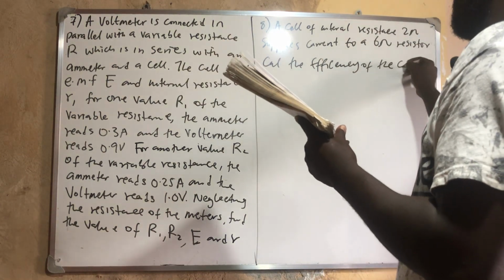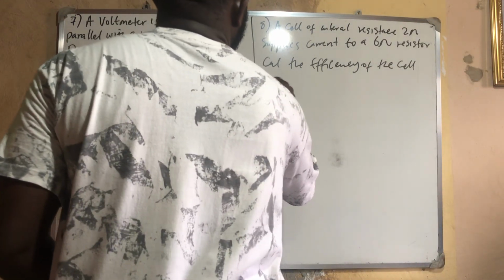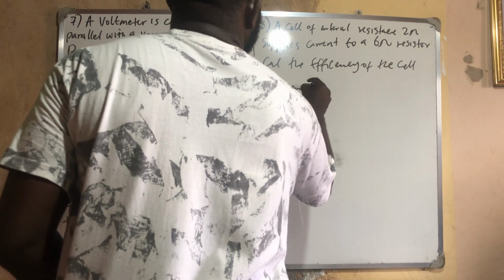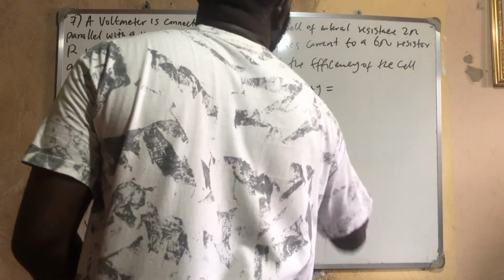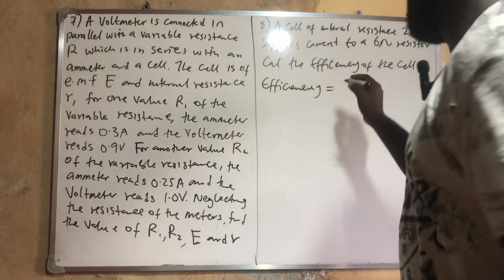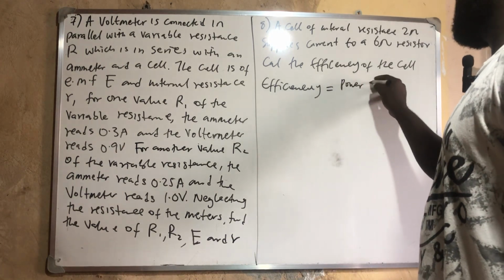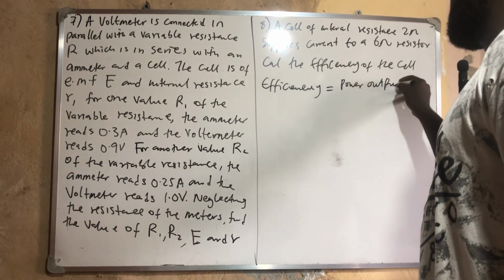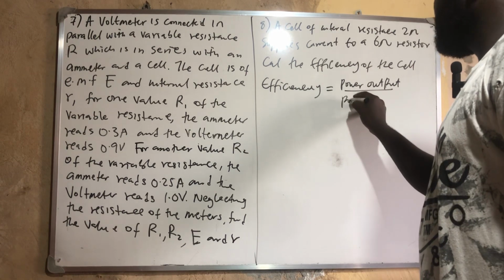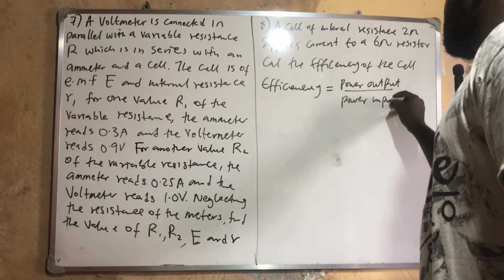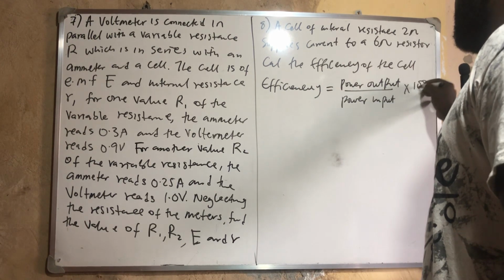What did I tell you about efficiency? Efficiency is simply power output over the power input, times 100 over 1.